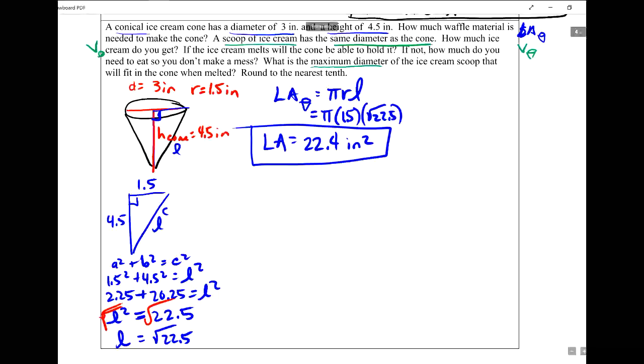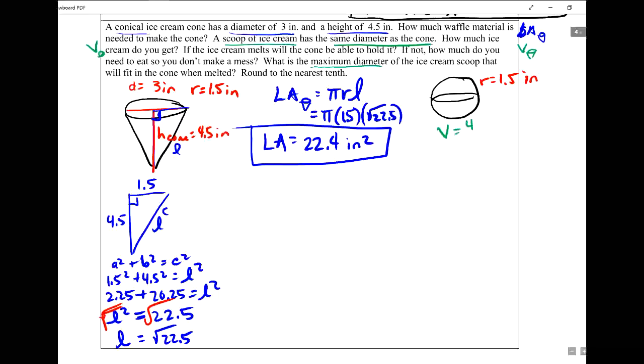All right, and a scoop of ice cream has the same diameter as your cone. So I have a scoop of ice cream. We know the radius of this is 1.5 inches. And we want to know how much ice cream we get. That's volume.